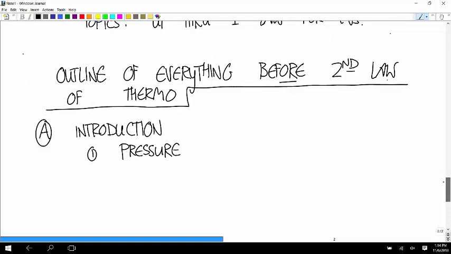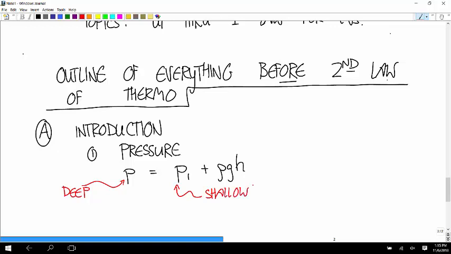And the equation that we dealt with in this section was P equals P1 plus rho g h, where this was the pressure at the deeper spot, and this was the pressure at the shallower spot, less depth.